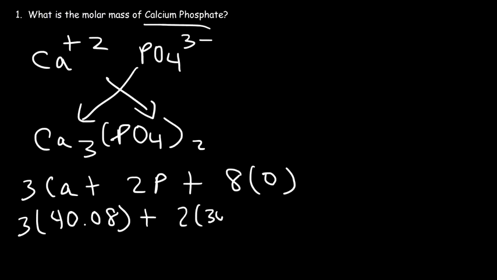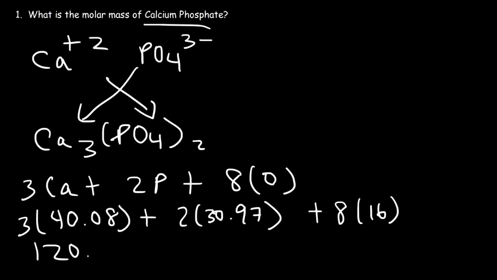Phosphorus is 30.97. And oxygen has an atomic mass of 16. Now 3 times 40 is 120. 0.08 times 3 is 0.24. 2 times 30.97 is 61.94. And 8 times 16 is 128. So now we just need to add these numbers.